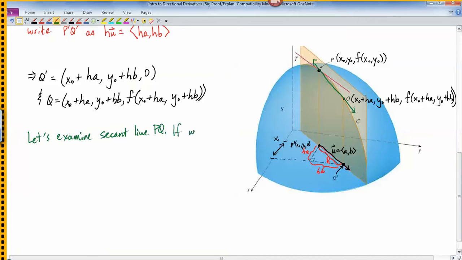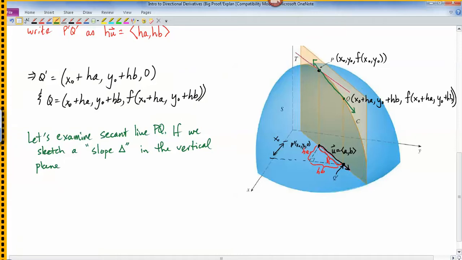So if we sketch a slope triangle in that vertical plane, the plane that's got P, Q, Q prime, and P prime in it, we can see here's the slope triangle.